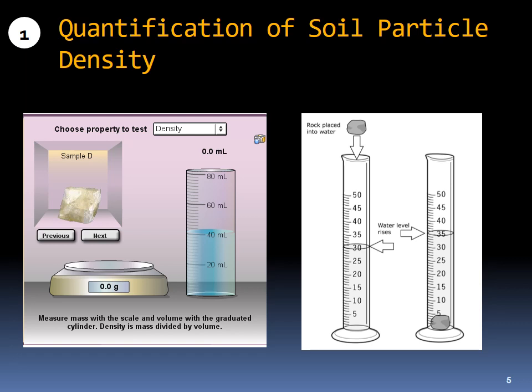And then you just divide the mass of the quartz by the volume displaced, and that would be the particle density. Now, when you do the same process for the gold, the displacement, because the gold is lighter in weight, will be less. That's why the particle density of the gold will be less than the quartz.